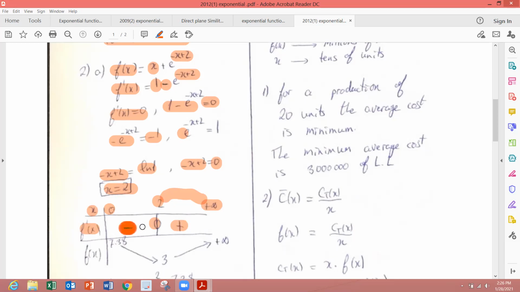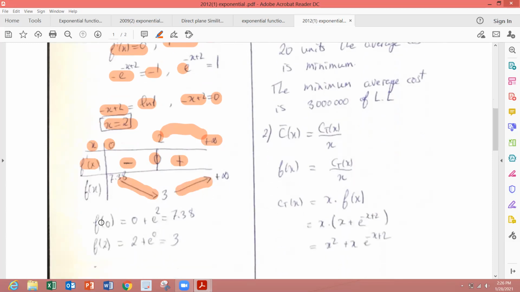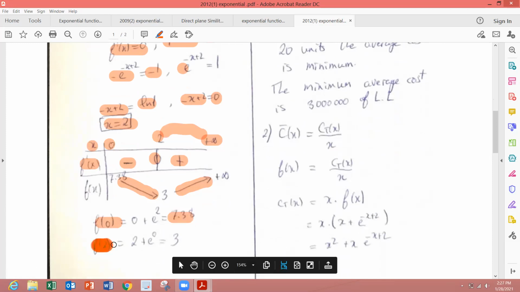Negative means decreasing. Positive means increasing. f of 0 equals 7.38. f of 2 equals 3. At plus infinity, the limit is plus infinity.